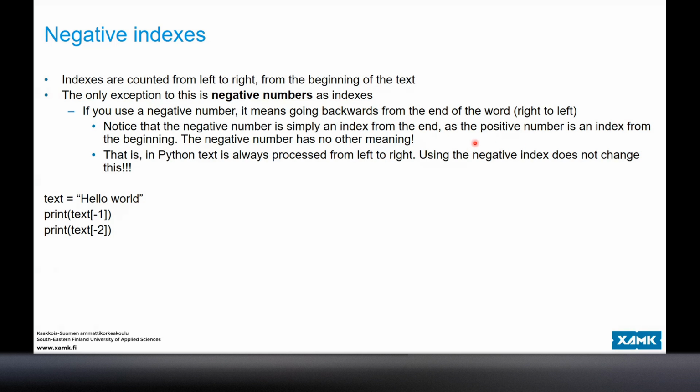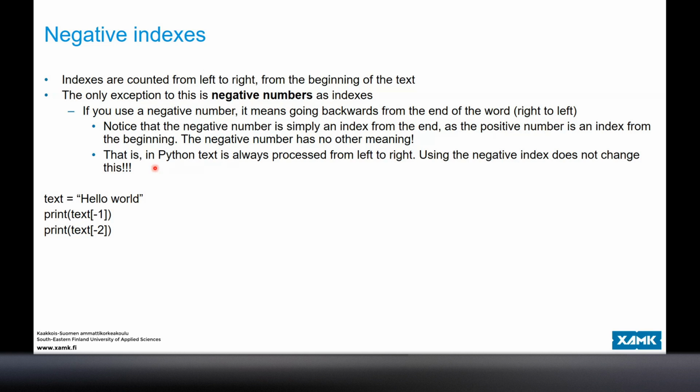But bear in mind that the negative number is just an index from the end, as the positive number is an index from the beginning, and that negative number has no other meaning. It's just a way to reference those same letters, but in a different direction. In other cases, text in Python is always processed from left to right, and even if you are using the negative index, that doesn't change.